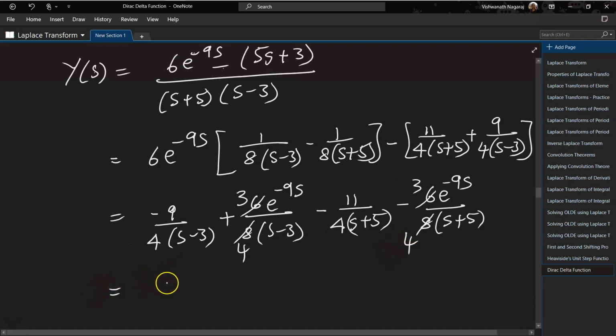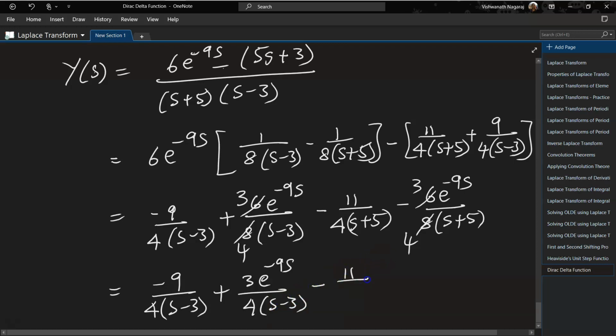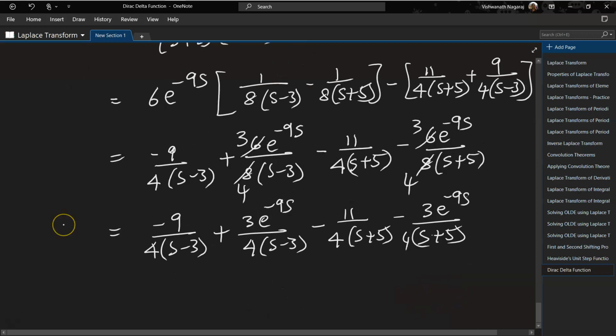So I'm left with −9/(4(s − 3)) plus 3e^(−9s)/(4(s − 3)) minus 11/(4(s + 5)) minus 3e^(−9s)/(4(s + 5)).